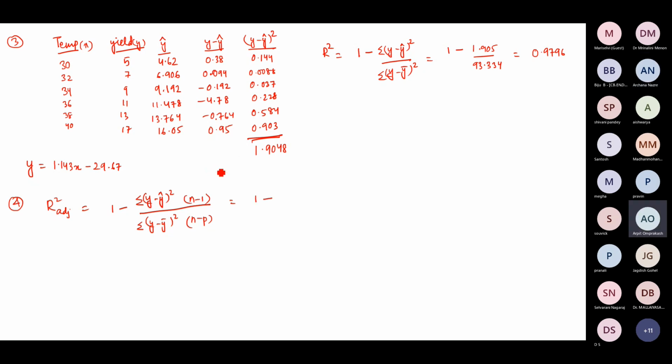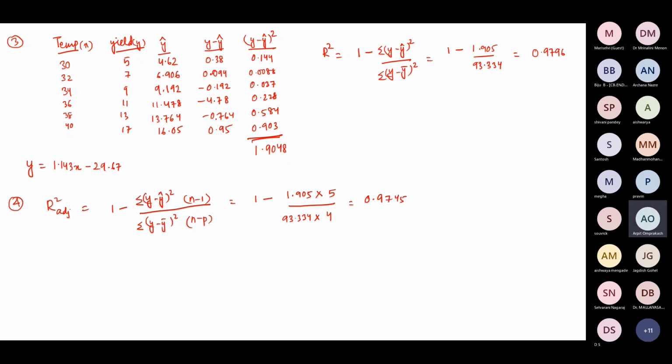So 1 minus 1.905 into n minus 1, which is 5, n here is 6, divided by 93.334 into n is 6, p is 2, because linear regression has two parameters, slope and intercept. So this is into 4. This will come out to be 0.9745.